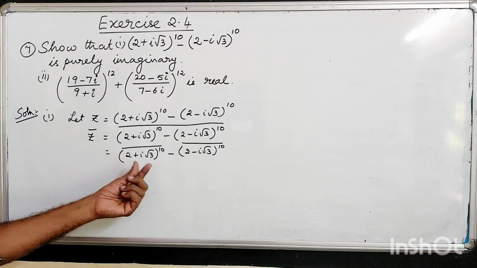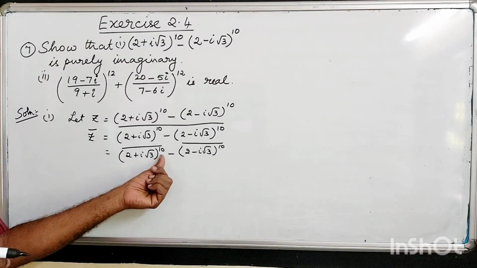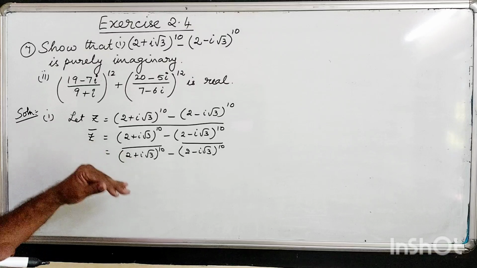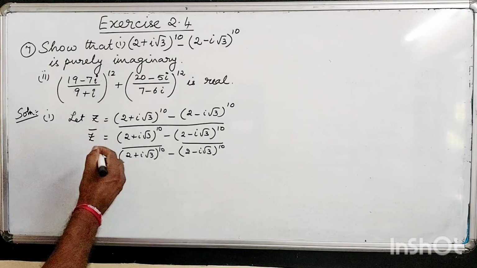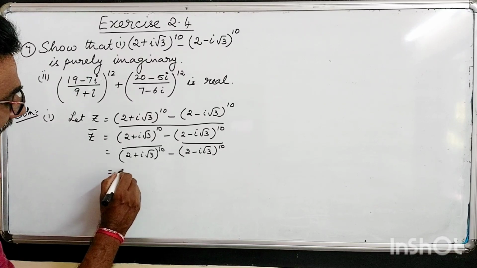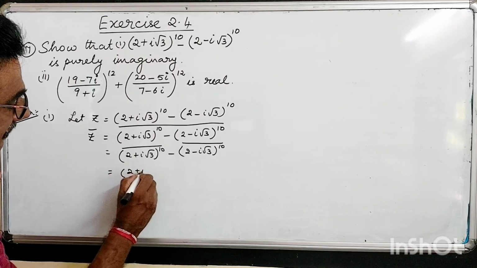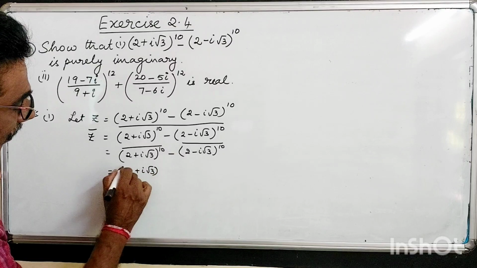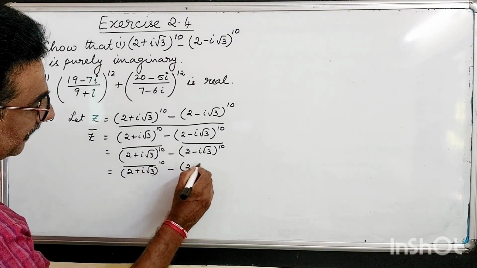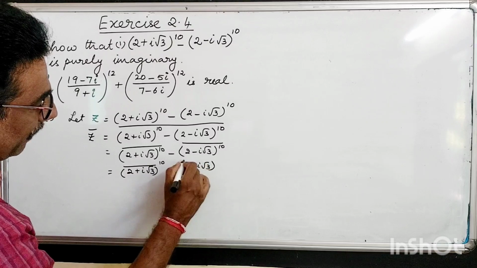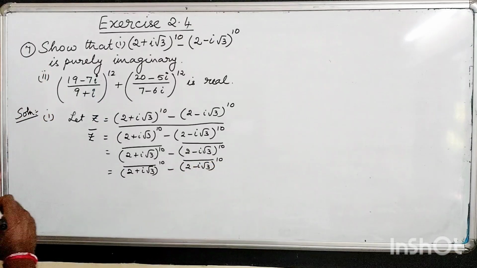Another property is that whenever there is a power on the complex number and you are taking the conjugate, then conjugate ulla conjugate edutittum power edukalam illaya. So I am writing this as (2 plus i root 3 whole bar) power 10 minus (2 minus i root 3 whole bar) power 10.